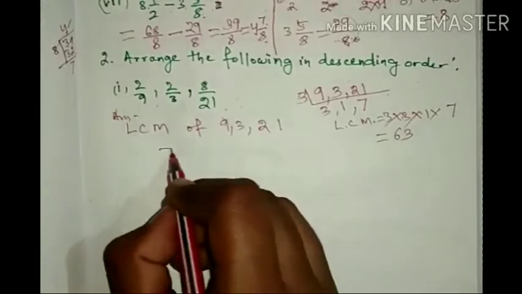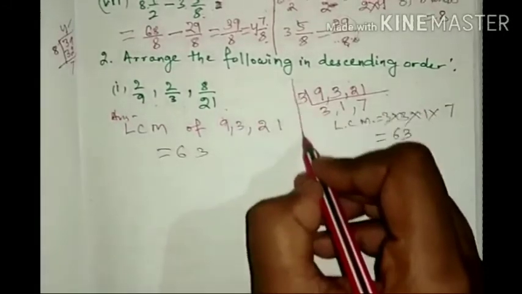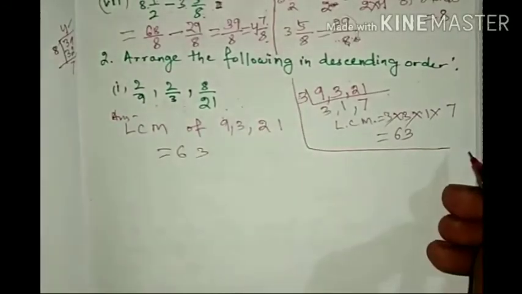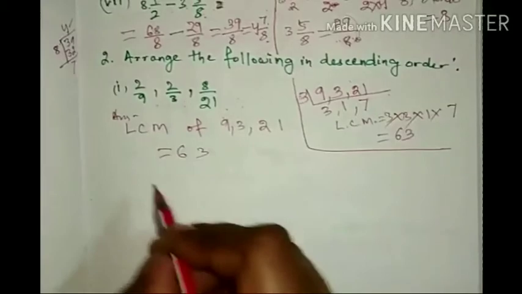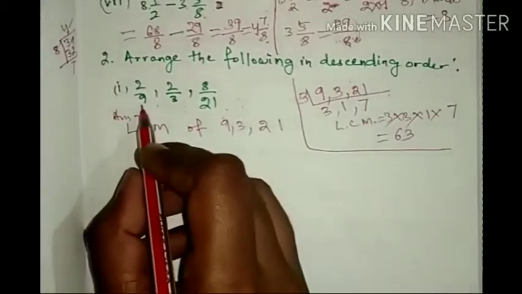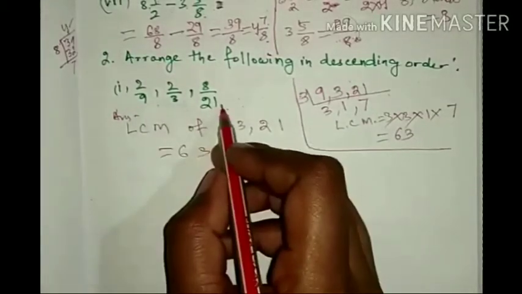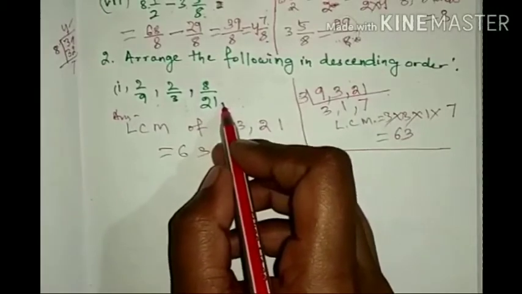So LCM is 63. I am hoping that you all can recall how to find the LCM. So LCM is 63 means we can convert the whole denominator into 63.